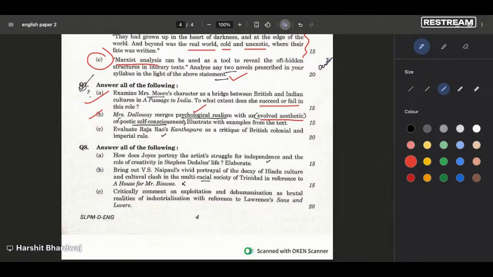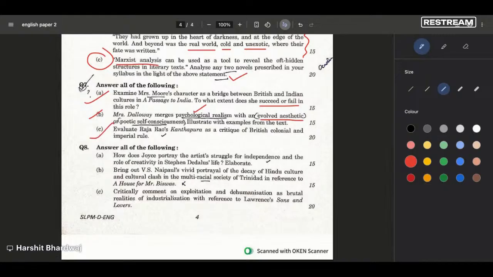How something is designed, how something is put together. So the text with psychological realism is a very tricky, difficult thing to put together, but with an evolved aesthetic, Virginia Woolf manages to do that. Does that make sense? Hopefully, I'm able to make it a little clearer for you.